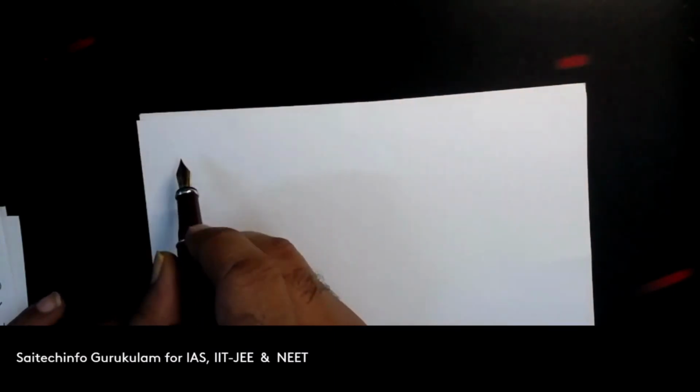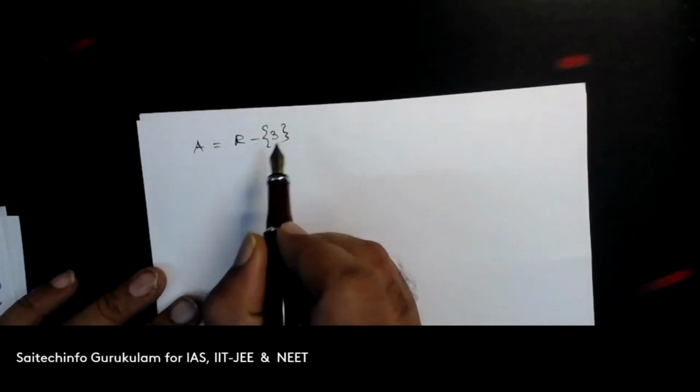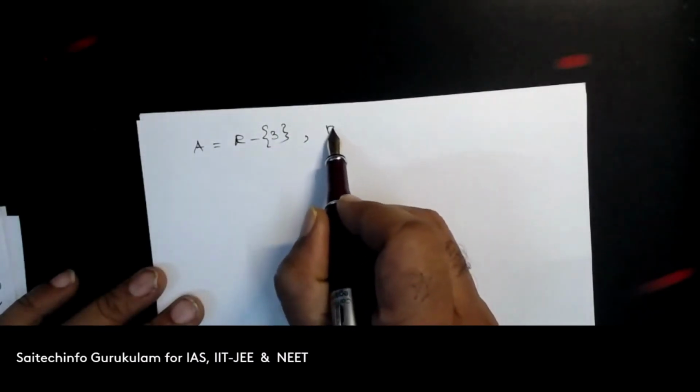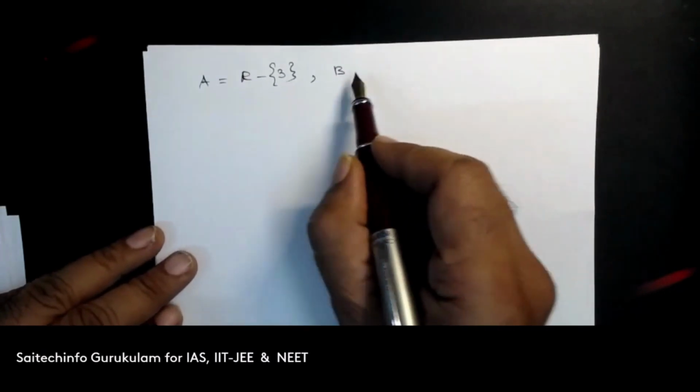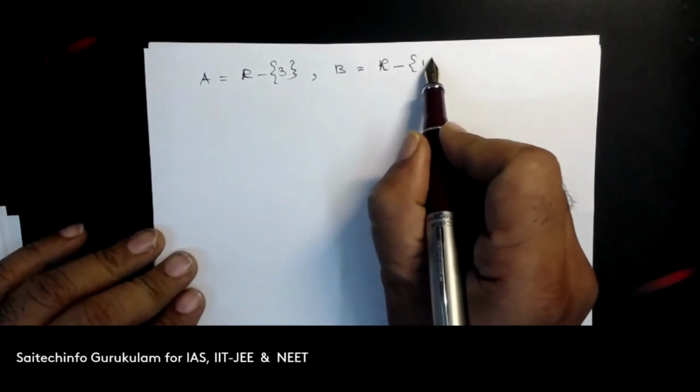What is given here? It is asked to show f is 1 to 1. Let me write down clearly the given. What is given here in this question? A is equal to R minus {3}. So this part I have explained. B is equal to R excluding the set {1}.